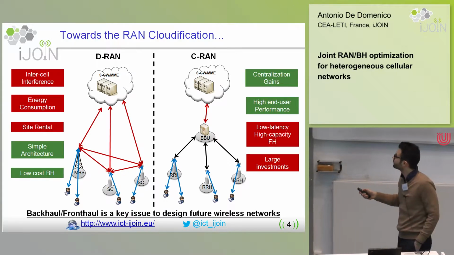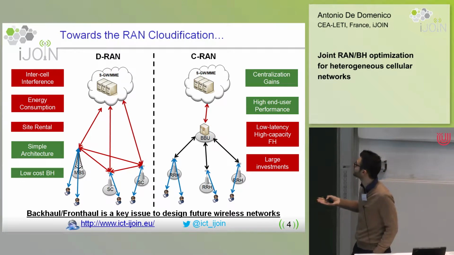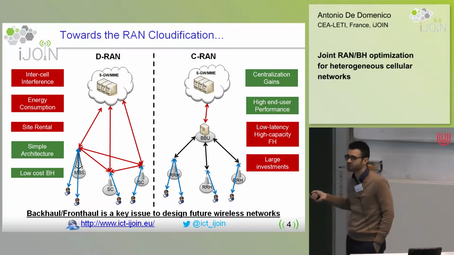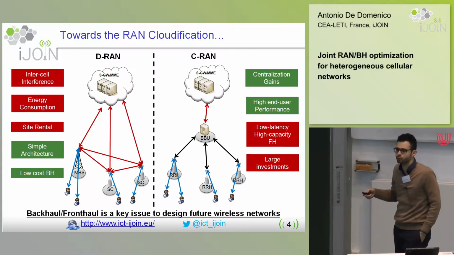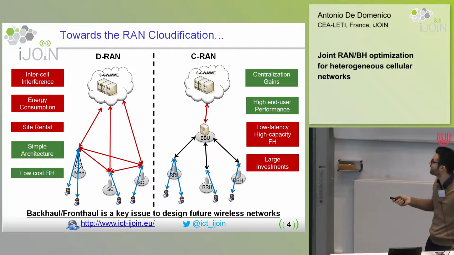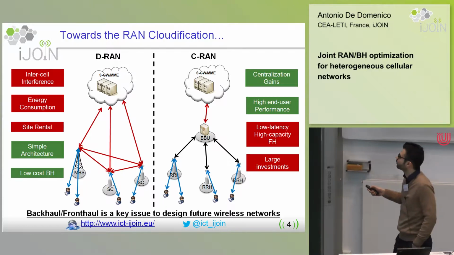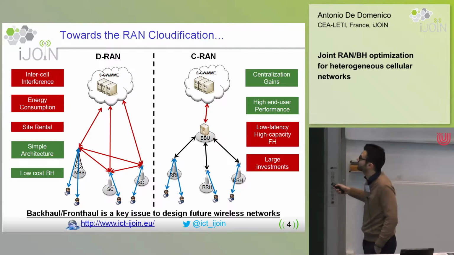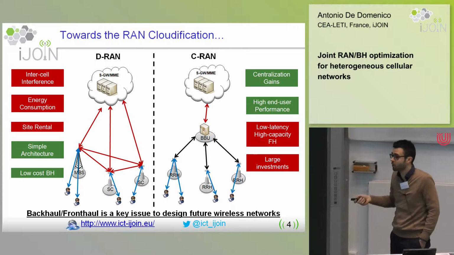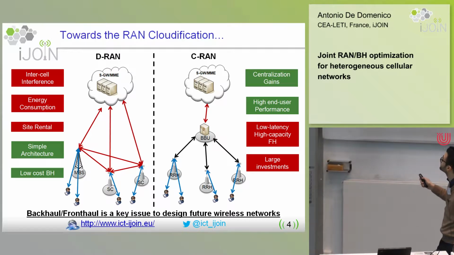So distributed RAN has some well-known disadvantages in terms of intercell interference, energy consumption, and also some problems due to the acquisition of the sites for the eNodeB deployments. On the other hand, this is a simpler architecture and can also use a heterogeneous type of backhaul solution, which means lower cost. On the other hand, centralized RAN provides centralization gain.